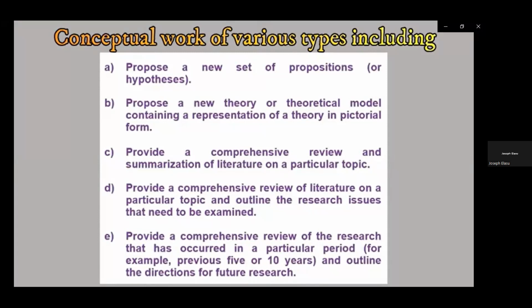They may also provide a comprehensive review of the research that has occurred in a particular period, for example the previous 5 years, the last decade, or the last 2 decades, and outline the directions for future research. These are conceptual papers.